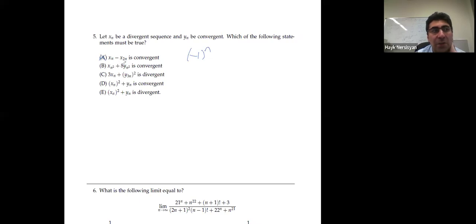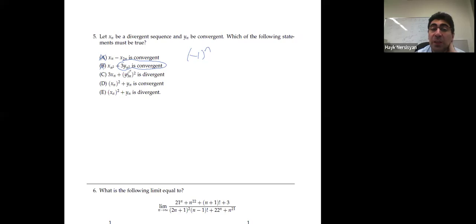Xn squared plus 3yn squared convergent. This one is convergent, correct. But adding xn squared, there's no guarantee that xn squared will be convergent. So let's drop this as well. 3xn plus y3n squared is convergent.